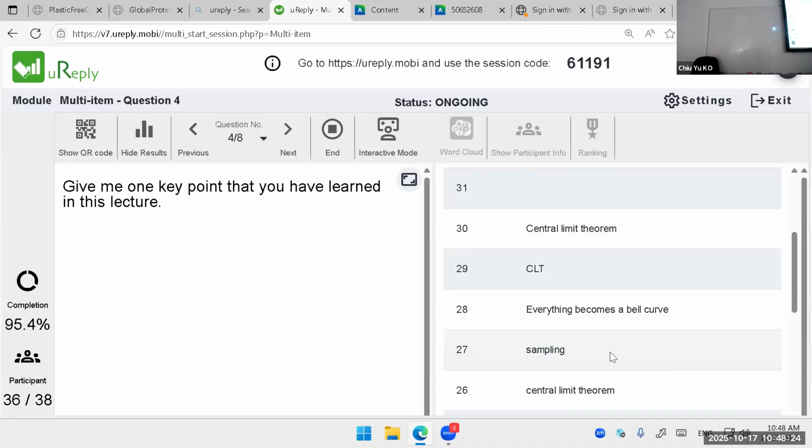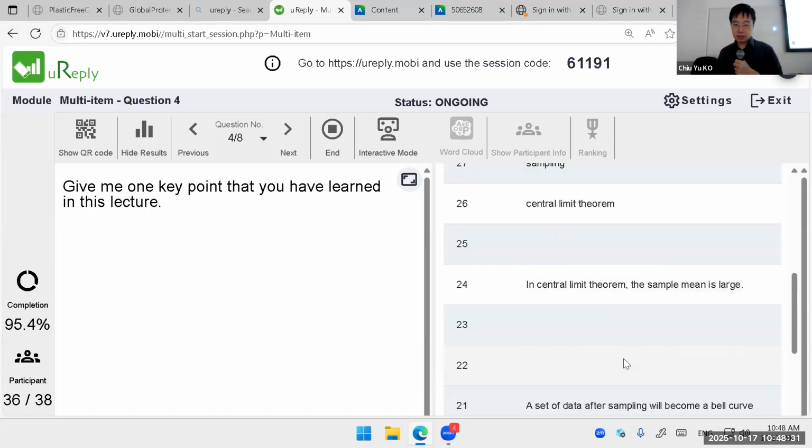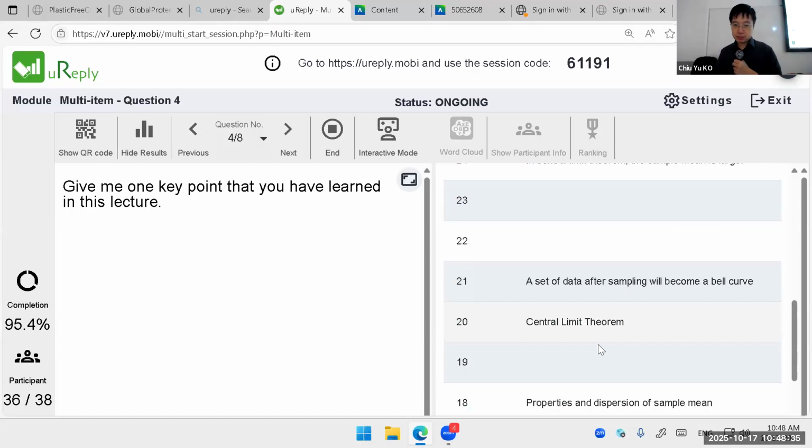Sample variance is not a bell curve, but the sample mean is. It's not the data of the sample, just only the sample mean that becomes a bell curve. Just make sure that's clear.